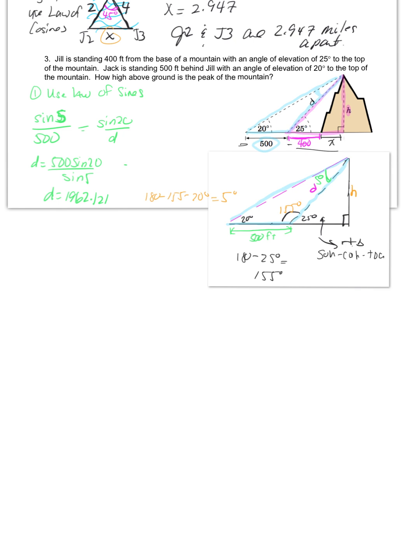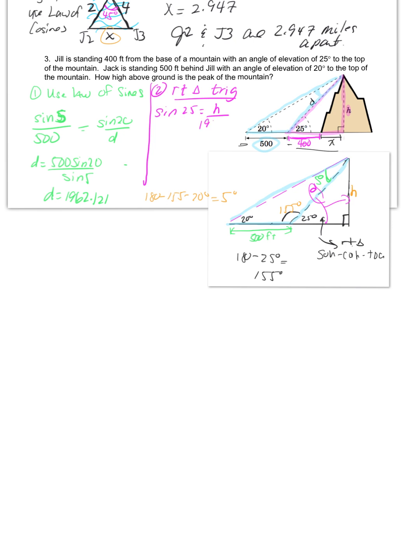Excuse me about that. Now that I found d, I can use the right triangle information. I have an angle, I have the side opposite, and I have the hypotenuse. So I'm going to use sine. So number 2, our right triangle trig. Sine of an angle equals the opposite, which is h, over the hypotenuse, which is d for us.